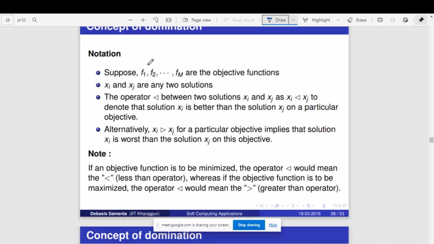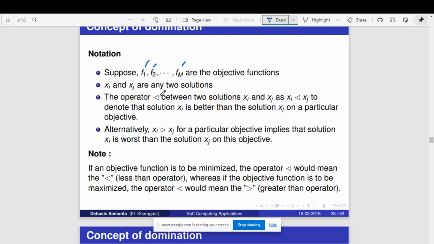Suppose we have these objective functions, f1, f2, f3 up to fn. All these are objective functions, and say that xi and xj are solutions. xi is one solution and xj is another solution. Okay.